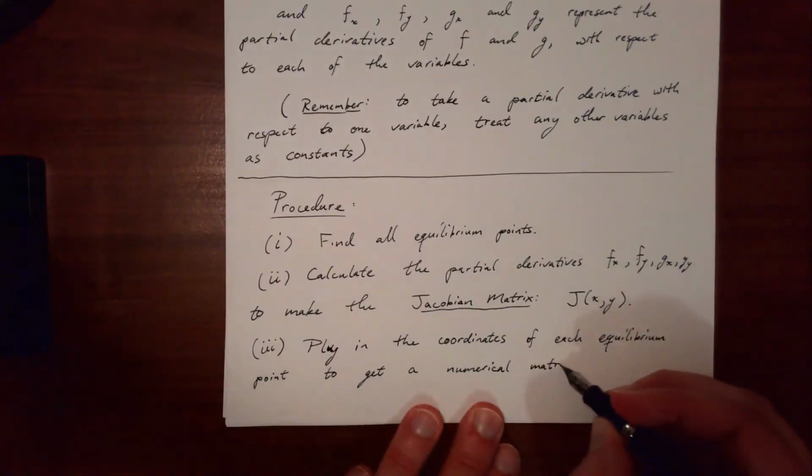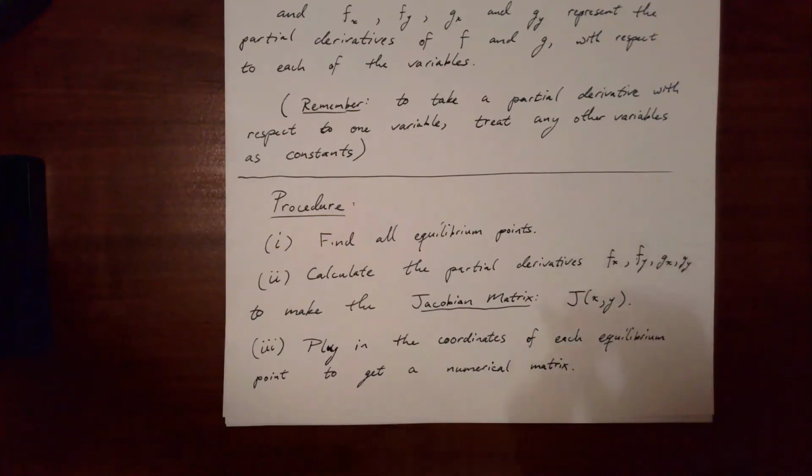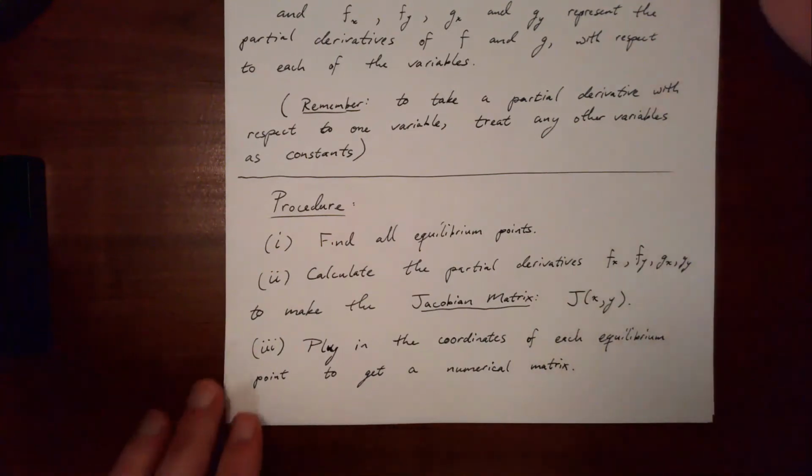So you'll have a value for x, a value for y, so you can just get a matrix that has just numbers in it.